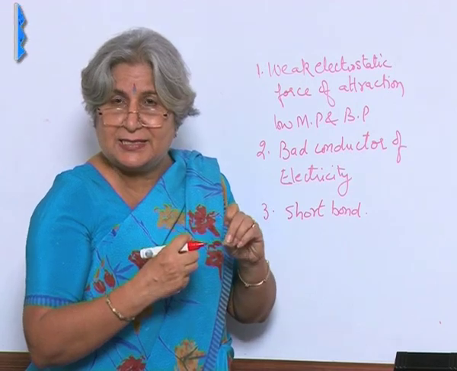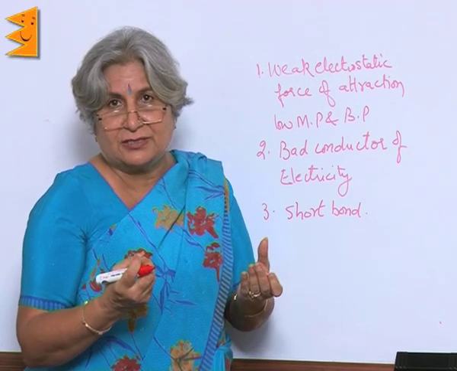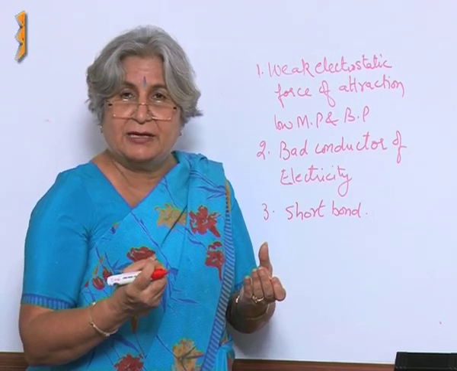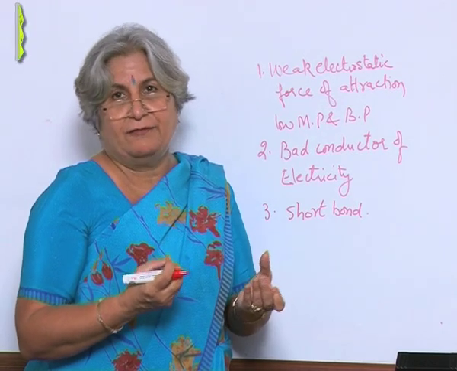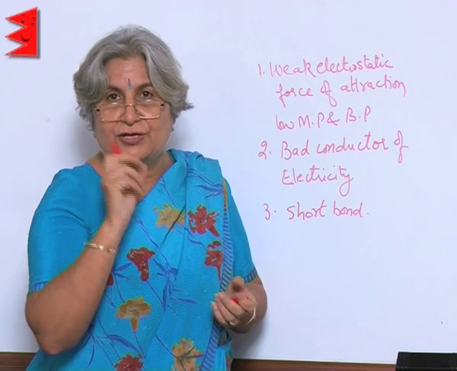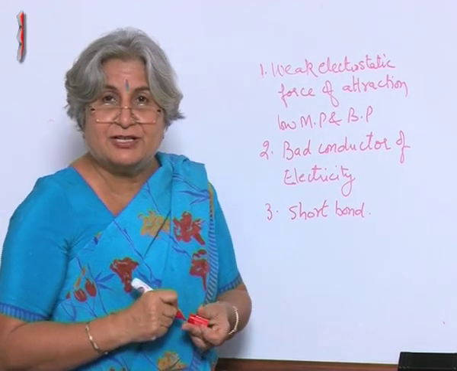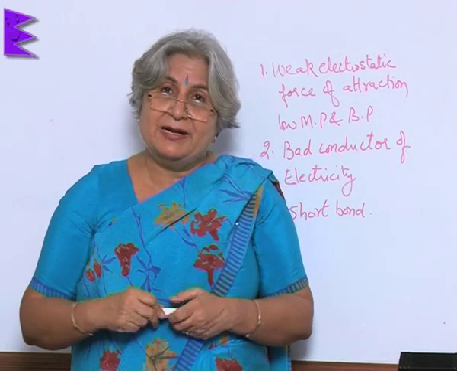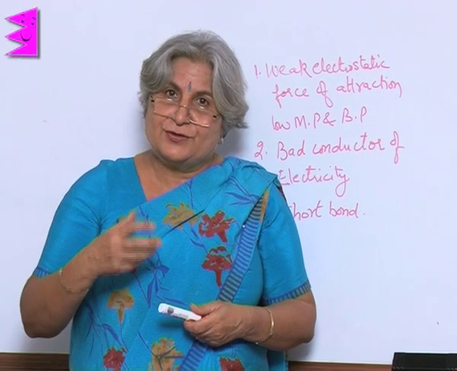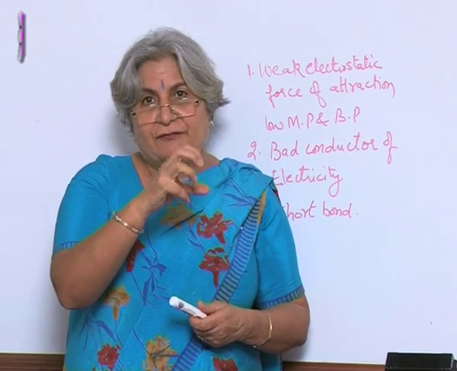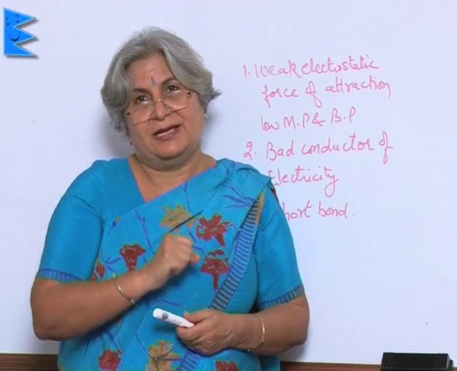Why is it less? Because there are only 6 electrons which get distributed in 2 shells, K and L, 2 in K and 4 in L. So, the bond is short. Now, imagine if an element has high atomic number, the number of shells will be more. So, the effect of nucleus will be less.